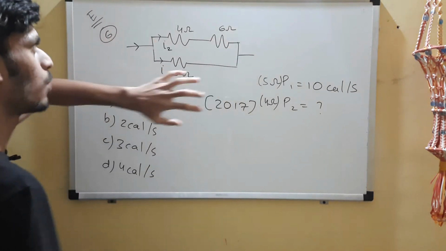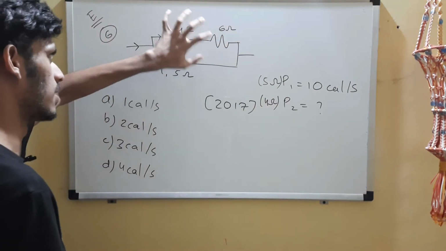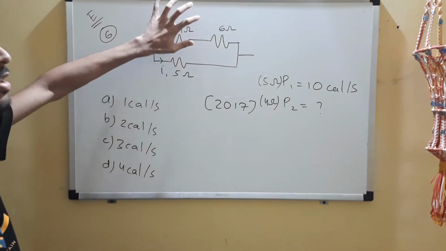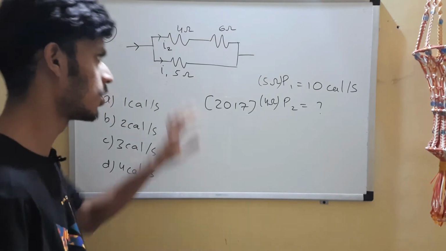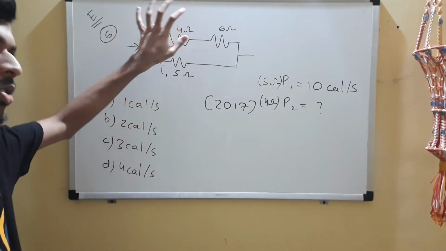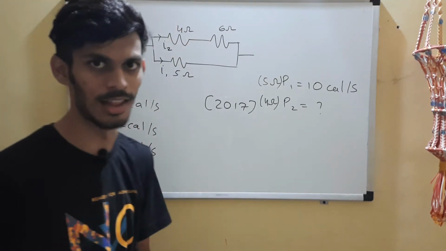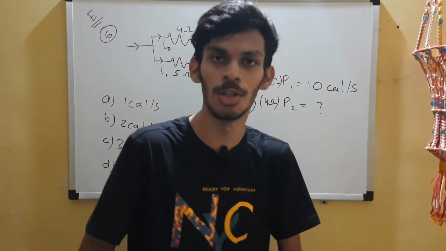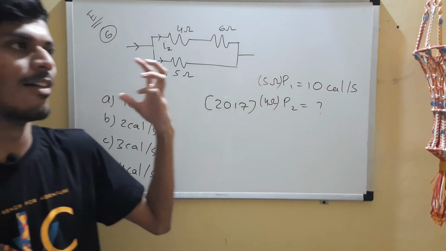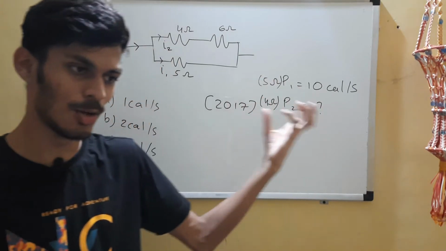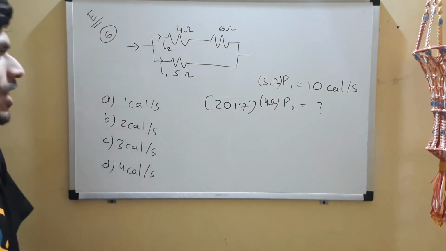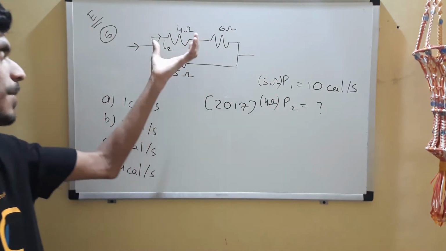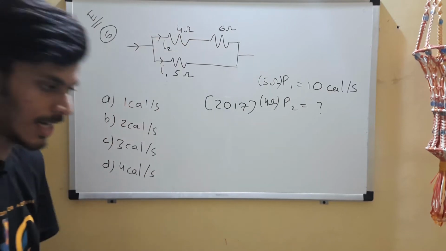Now you can split that voltage among the 6 ohm resistance and the 4 ohm resistance. Suppose the voltage drop across the 4 ohm resistance is V1. Now you'll know the value of V1, so you can use P is equal to V1 square by R, and that will give you the value of power dissipated across the 4 ohm resistance.